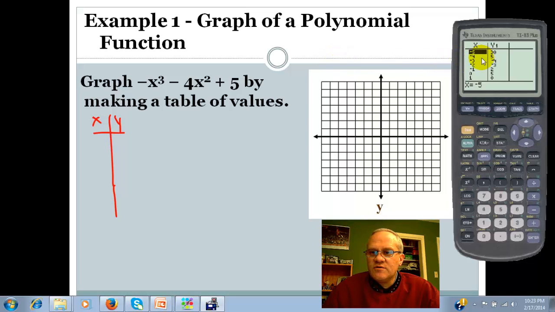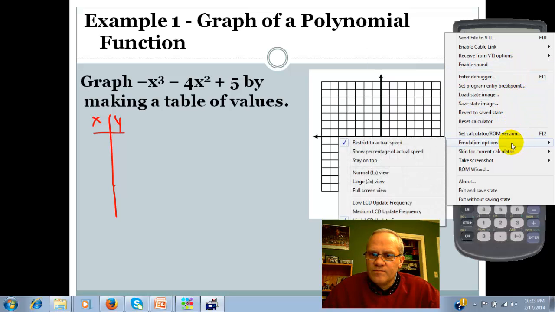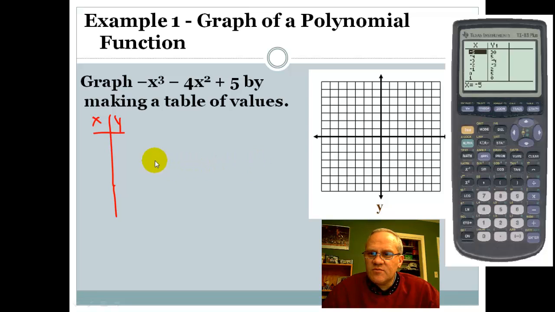So negative 4, 5. Let me try something here. Where did I see this before? Let me try that. This might have been what messed me up before, but so I got negative 4, 5. Oh, good, it's working.